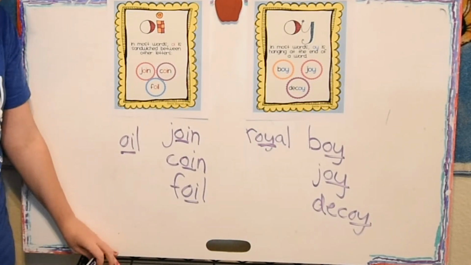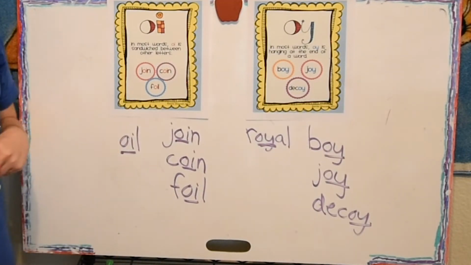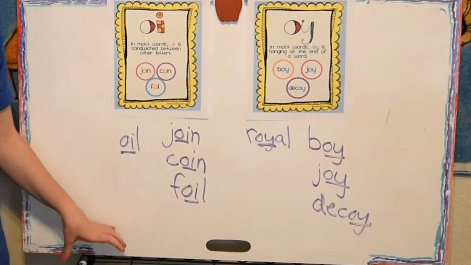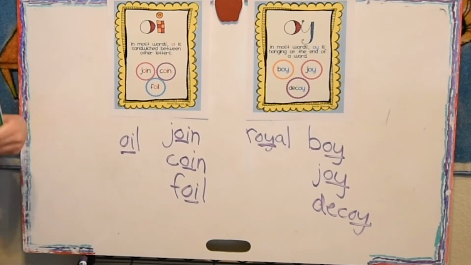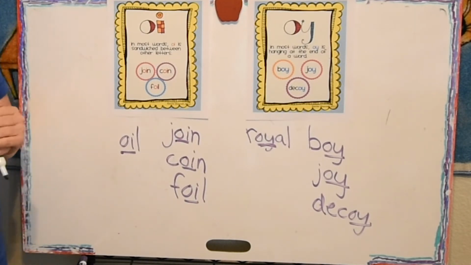All right, I'm going to give a few more words, and then we're going to decide where I should write them. Should I write them for OI or OY? Now all of these words will make the oi sound. They're just spelled in different ways. So the first one we could think of is point. Where would I write that?